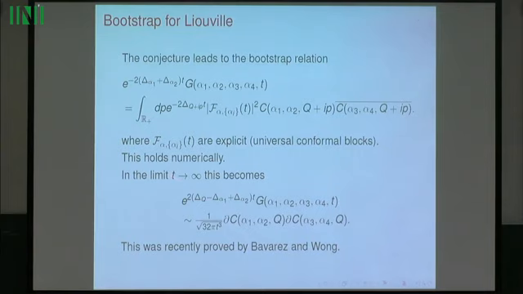Then that limit actually becomes rather simple. It just becomes this formula here: derivatives of the structure constants and some explicit factor. And this was actually proven recently by Baverez and Wang. So we have lots of confidence in this formula. It would be nice to be able to prove it.